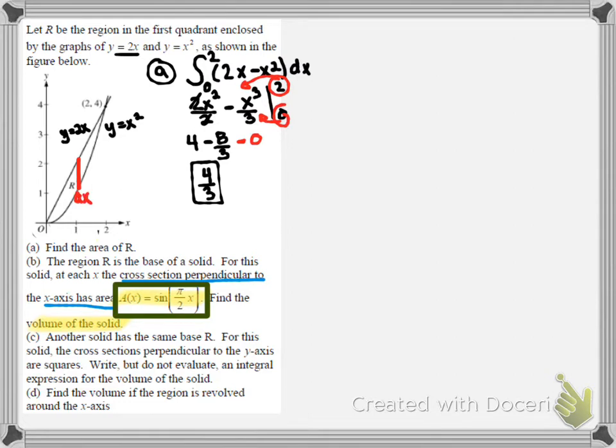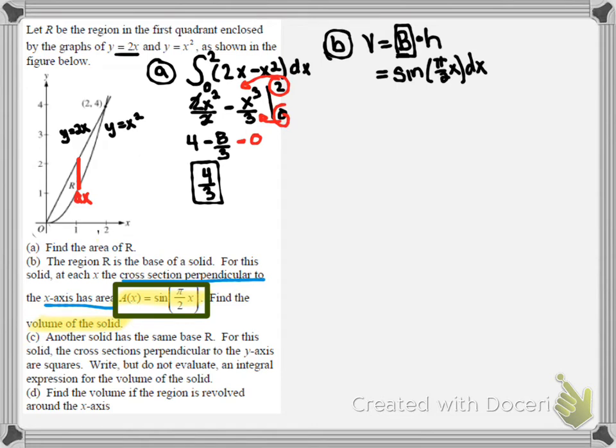And remember, to find volume, the volume is always the area of the figure, which we call big B, times h. In this case, h is going to be a small change in x. And we're already given what the area of the figure is. The area of the figure is given by sine of pi over 2 x, and h is going to be a small change in x.